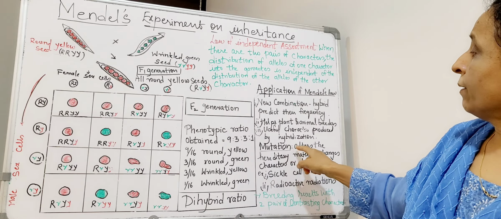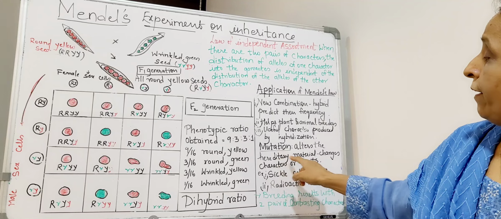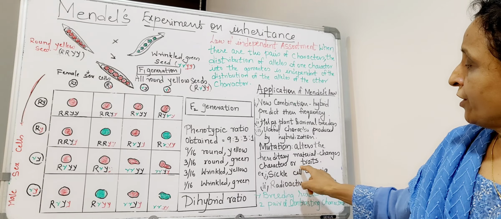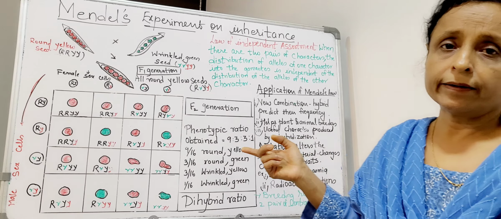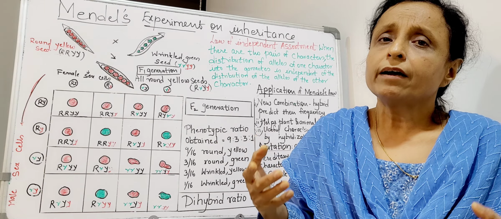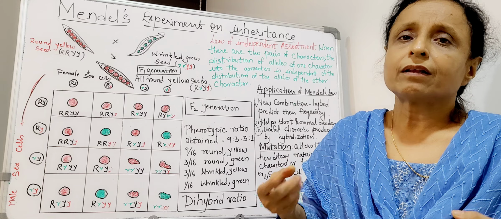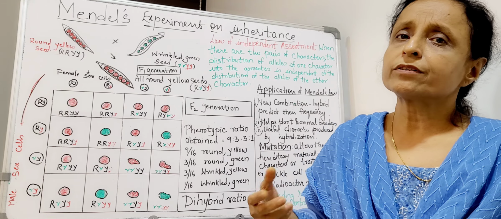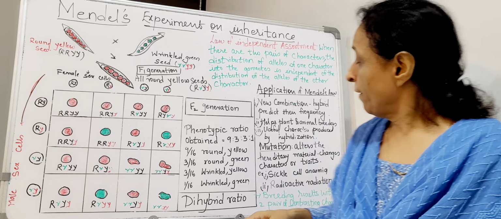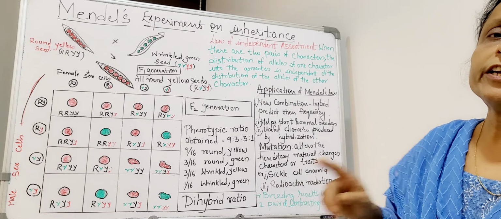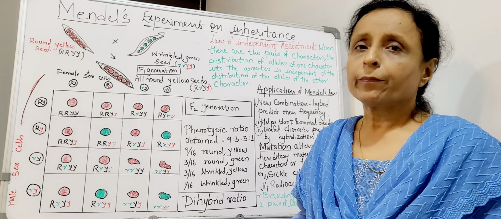So here mutation alters the hereditary material, changes characters or traits. The example here is sickle cell anemia. So the person having sickle cell will be sluggish, not getting enough oxygen because there's not enough hemoglobin in the RBCs. Now, radioactive radiation can also cause mutation.